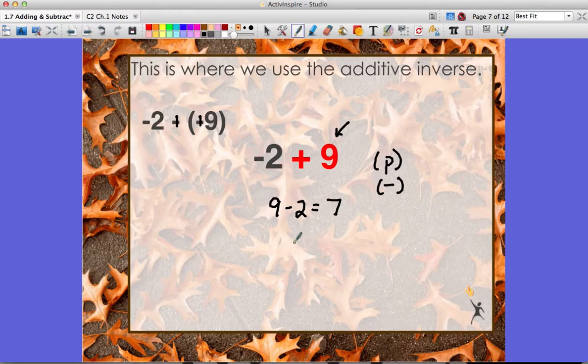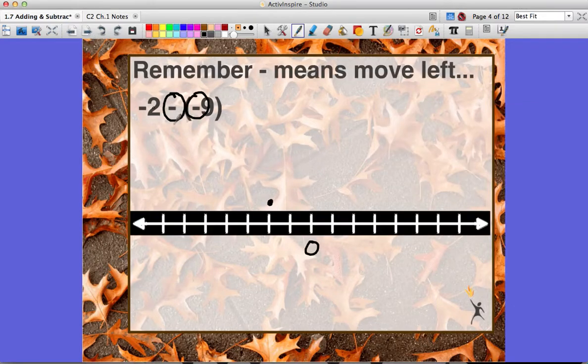And because I know my answer was positive, because of our rules, my answer here is a positive 7. Now if I go back to using the number line, because it says to move left, but then it says to do the opposite of moving left, and I mean to move right, I would go 1, 2, 3, 4, 5, 6, 7, 8, 9, and I would end up at positive 7.